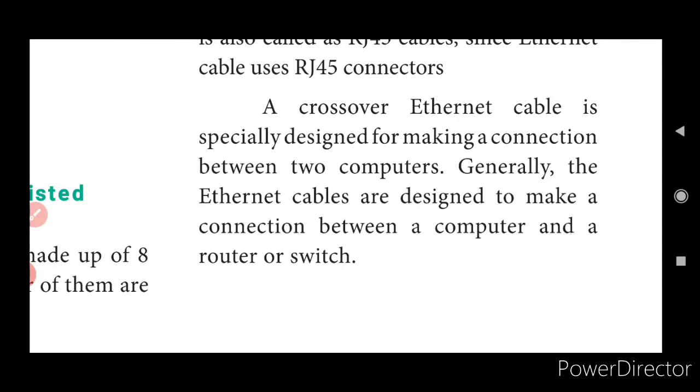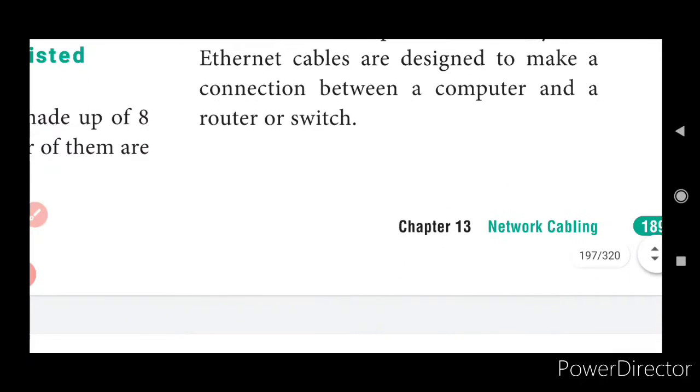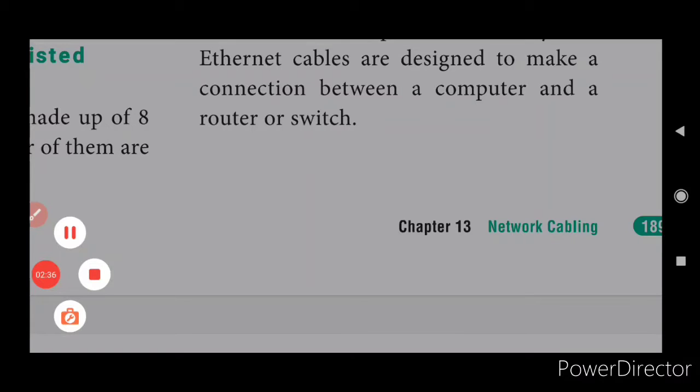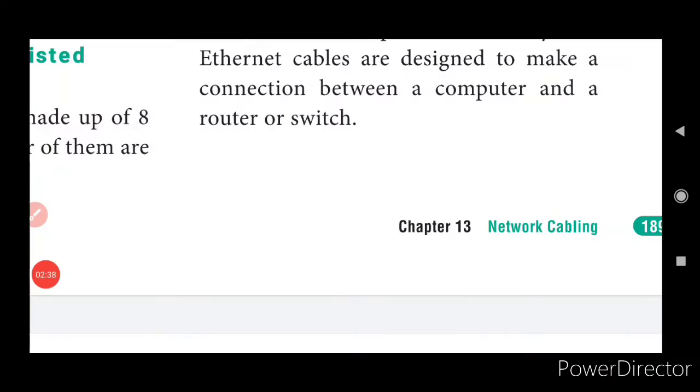In case we want to connect two computers, what do we use? We use a crossover Ethernet cable. And straight Ethernet cables are designed to make connections between a computer and a router or a switch. So what is a router or a switch? A device through which we connect two or more devices is going to be a router or a switch.